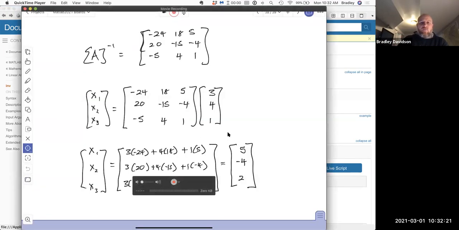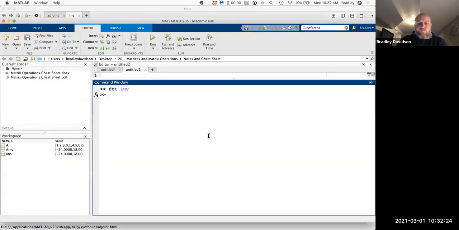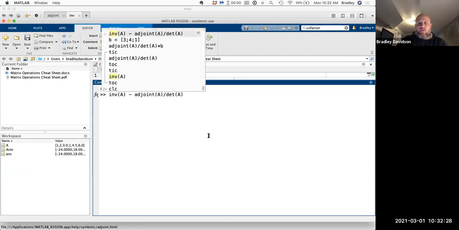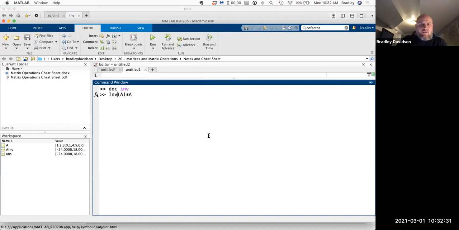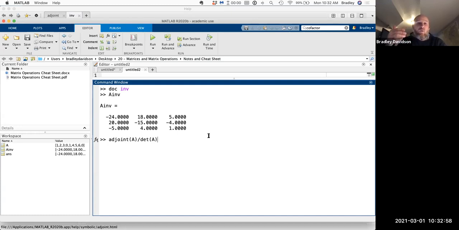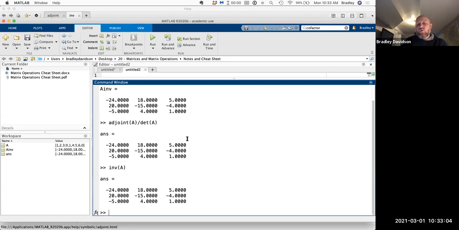One of the things we can do in MATLAB here is take the INV of A that we calculated earlier, and compare it with AINV, which we calculated using the adjoint of A divided by the determinant of A. This itself is actually a slower process than using INV of A. You can see we're getting the same answer, with some round off.